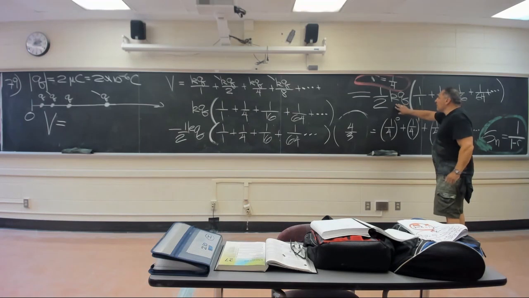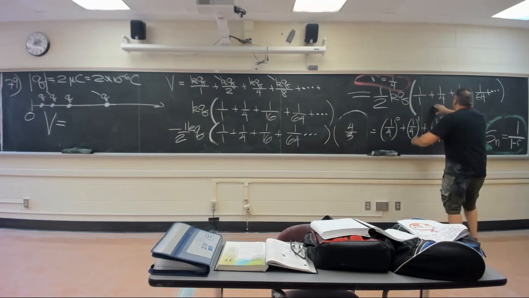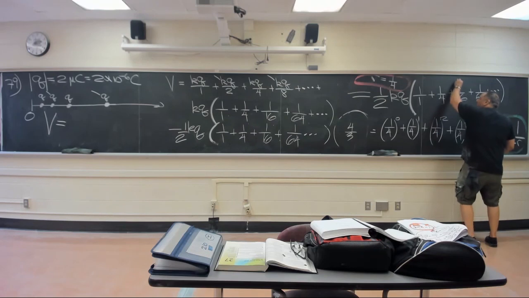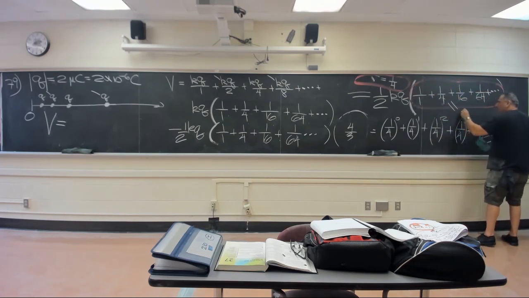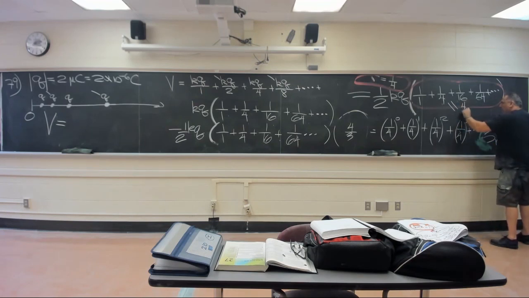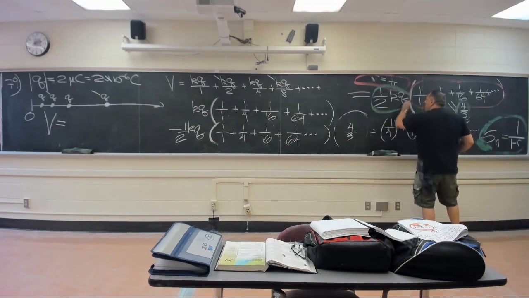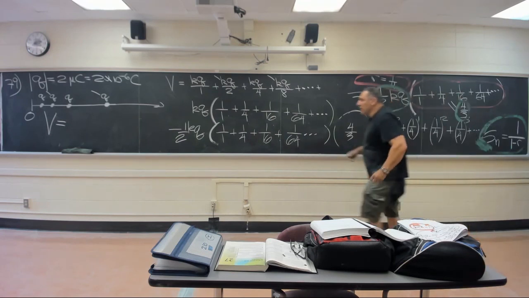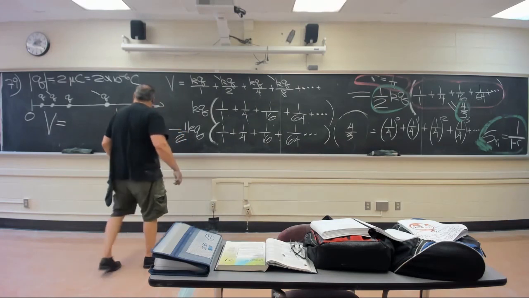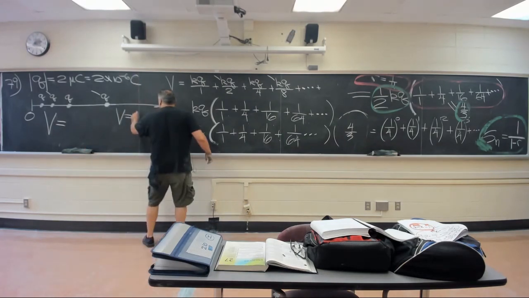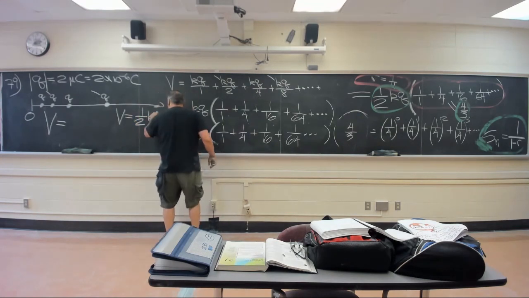We got this. This thing right here, all of this, when you add it, is 4/3. That's 4/3. This is 1/2 KQ. V equals 1/2 KQ.